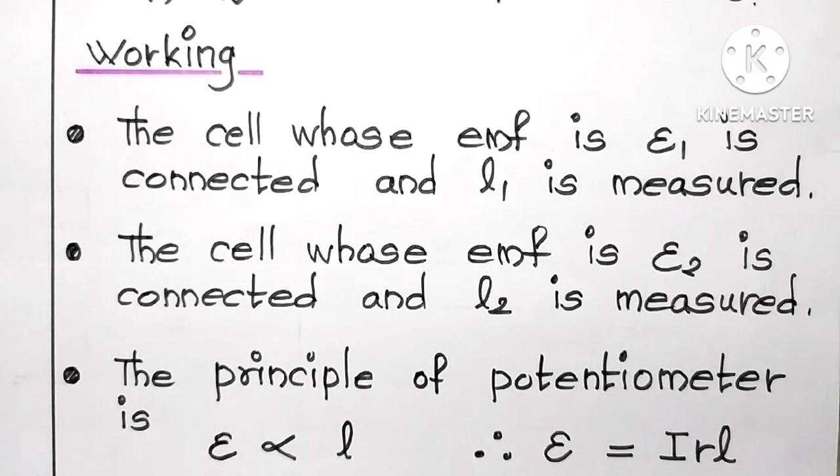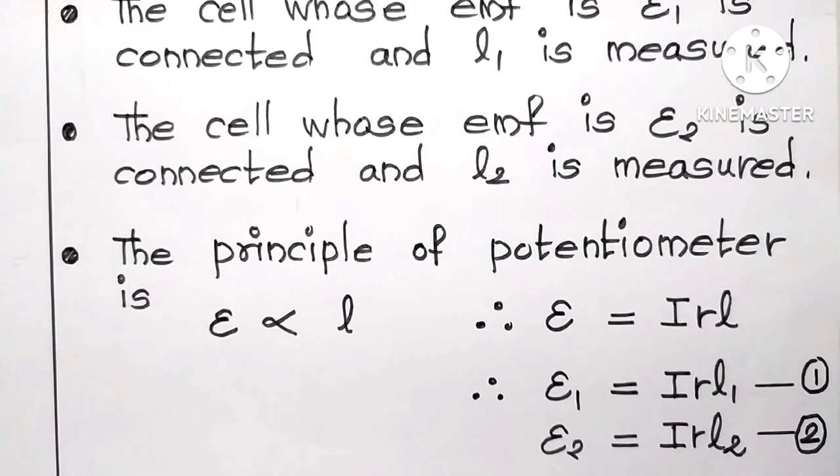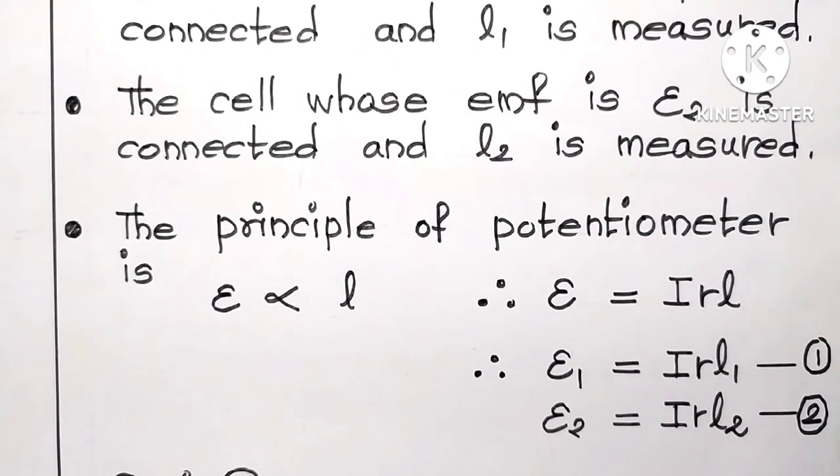And we all know that the principle of potentiometer is nothing but E is directly proportional to L. Therefore, here we are going to take the proportionality symbol and introduce is equal to symbol and then a constant. So here this I into small r is the constant.